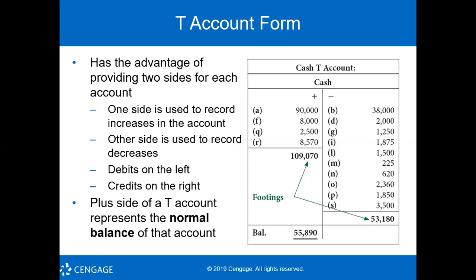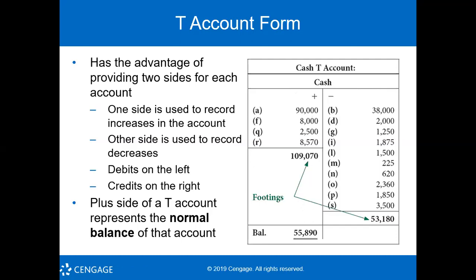We talked about liabilities accounts: accounts payable, notes payable, unearned revenues. We talked about equity accounts, revenue, expense accounts, owner's capital, owner withdrawal. When we think about all of these accounts, each of these accounts has its own separate T account. And that's how we record transactions in each of these accounts separately.